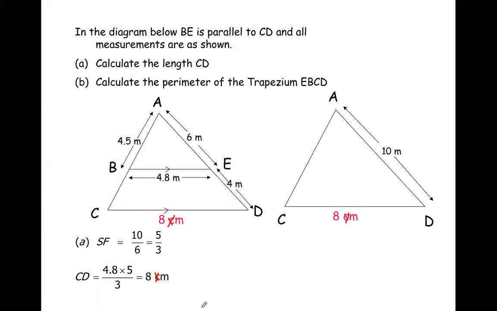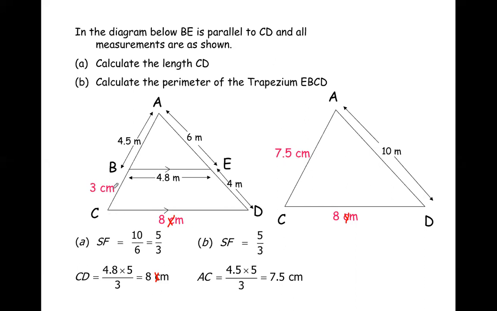And now I should be able to find my trapezium. I need to find that side first. So the scaling factor is 5/3. So AC is going to be 4.5 times 5/3, which is 7.5. So if I've got 7.5, that means BC is 3.